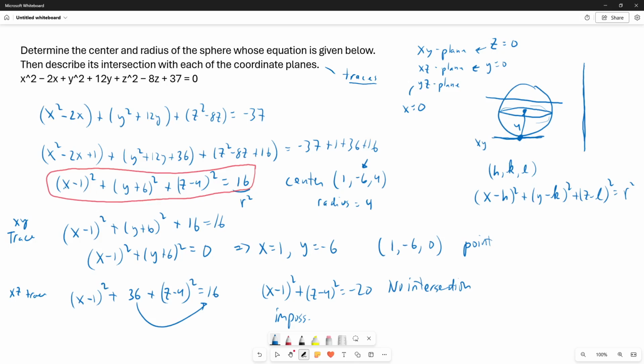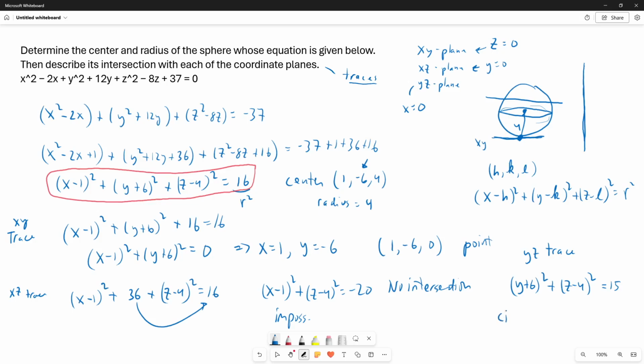If x is 0, then this number will become 1. When we move it over here, we'll get a positive number, 15. And so the yz trace is (y plus 6) squared plus (z minus 4) squared. Remember, I put x equal to 0 here, so that makes a 1. Subtract it over, equals 15.